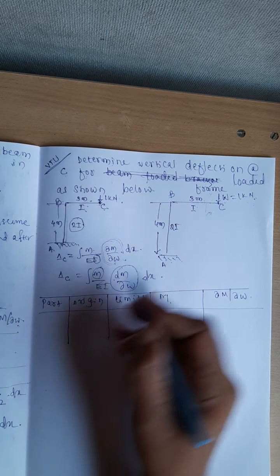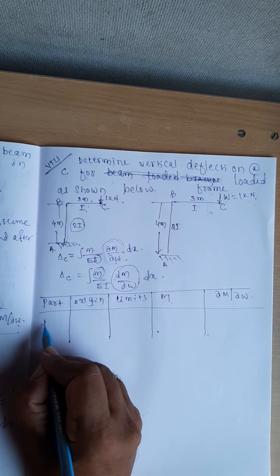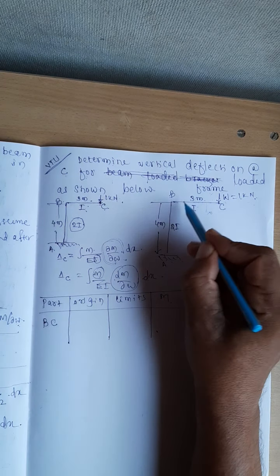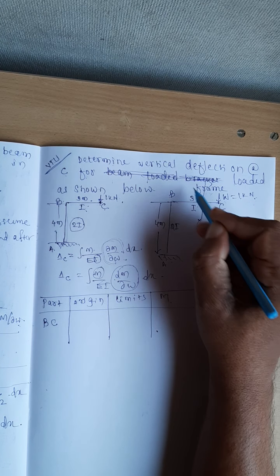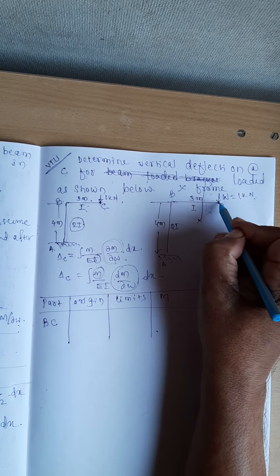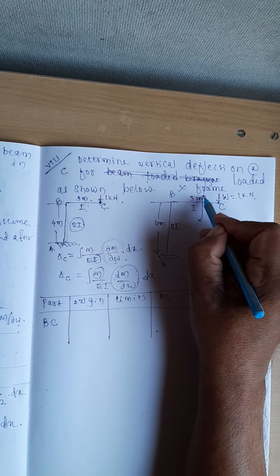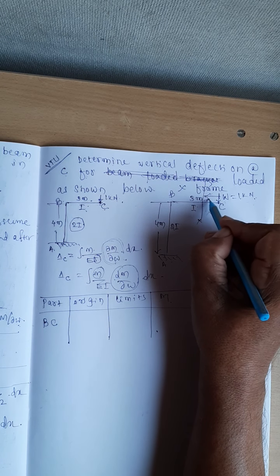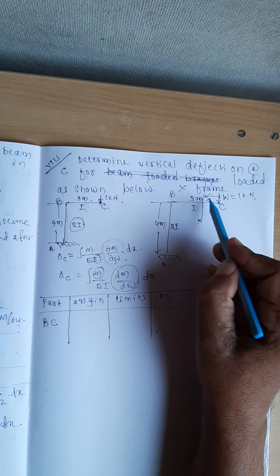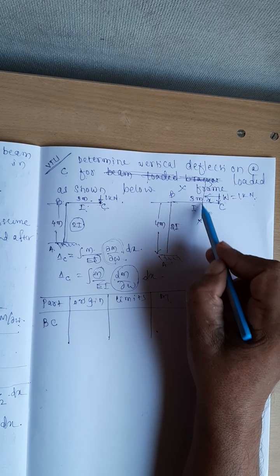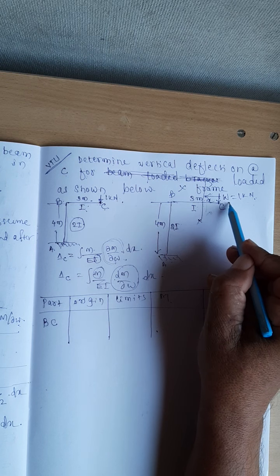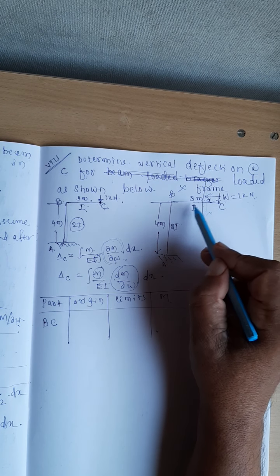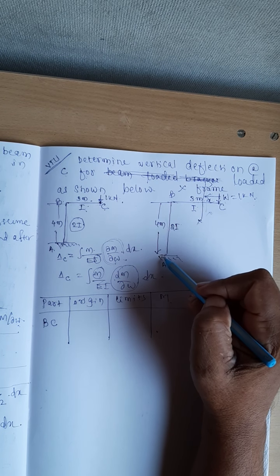Yes, friends. First, my part is BC. I can take the section XX like this for bending moment anywhere in the BC. I will take this particular distance as X. Whether you are taking the left part for the calculation or the right part, the left part is too difficult to calculate because here the end is fixed.